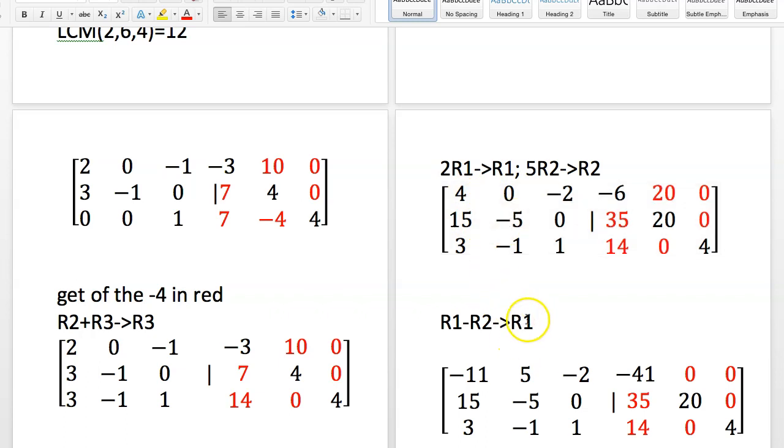So 4 minus 15 is neg 11, 0 minus a minus 5 is 5, neg 2 minus 0 is neg 2, neg 6 minus 35 is neg 41, collateral damage, 20 minus 20, that's why we're here. There's the 0. Now we got to make sure the collateral is faithful to my 0. 0 minus 0 doesn't harm it. So no harm to my 0.